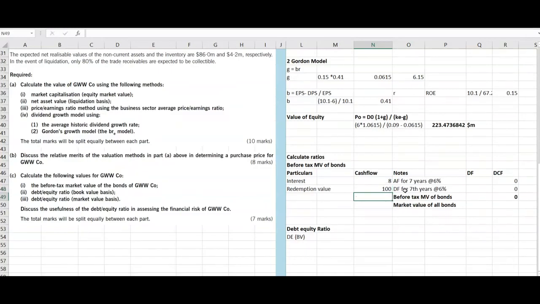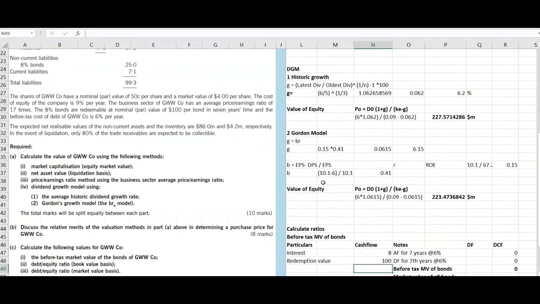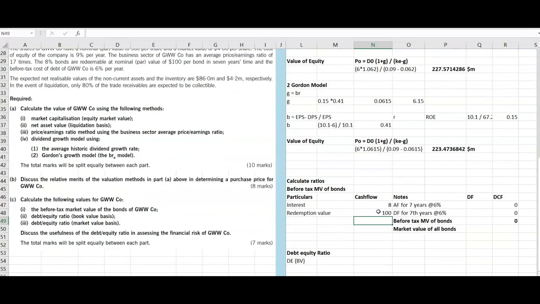We also have to find out the years and the discount factor. So it says it is redeemable in 7 years time and the before tax cost of debt is 6%. So for 7 years time and 6% we have to look. But the concept is, interest we are going to receive for 7 years. So we have to look at the annuity table for 7 years, 6%. And for the redemption value, it's only a single cash flow that we will receive on the 7th year at a 6% discount factor.